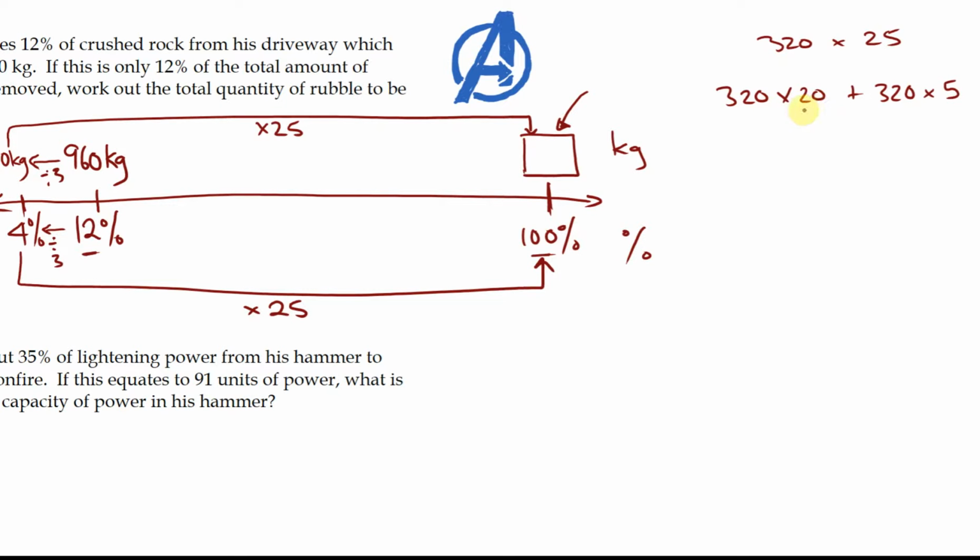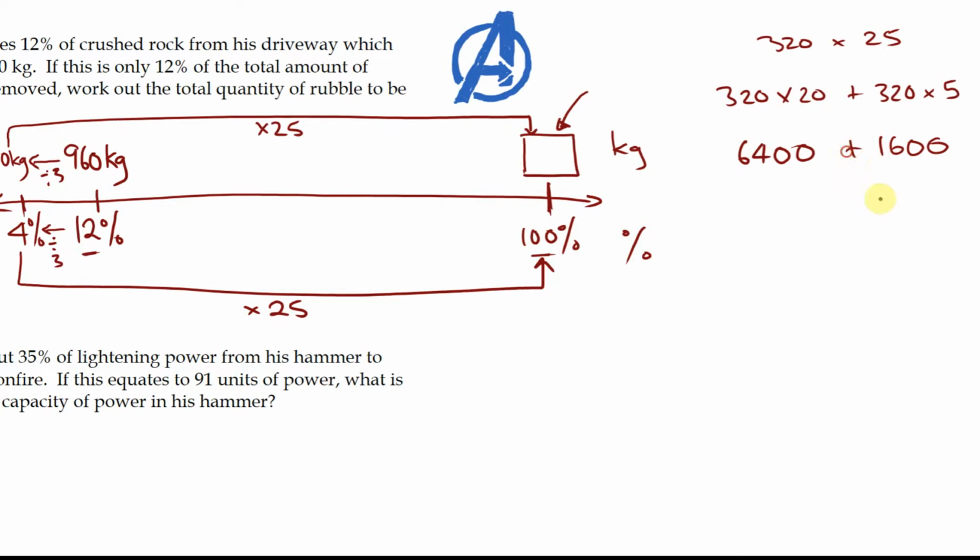320 times 20: well, 2 times 32 is 64, so 20 times 32 is 640, and 20 times 320 gives me 6,400. Then 320 times 5: 5 times 32 is 160, so 5 times 320 will be 1,600.